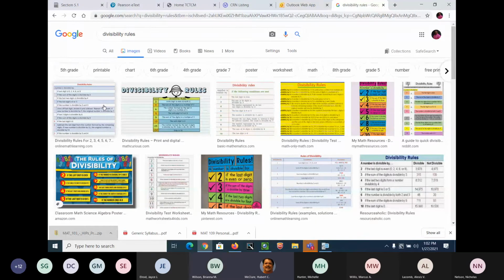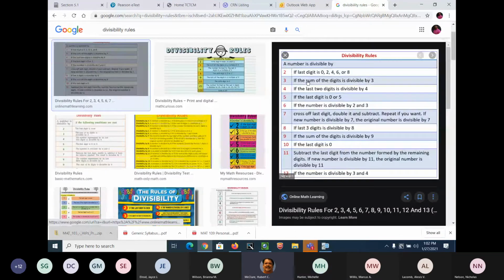This is probably the best one right here. If the last digit is 0, 2, 4, 6, or 8, multiples of 2, then it's divisible by 2. If the sum of the digits is divisible by 3, then the whole number is divisible by 3, and 9, and 6, sorry. So you need to print this out and put it on an index card.